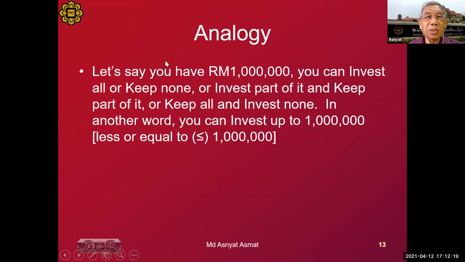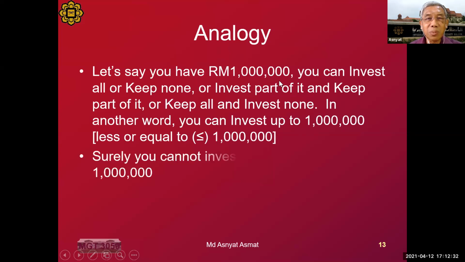So in this situation, you are given resources of 1 million. In other words, you can invest anything less than or equal to 1 million. Of course, you cannot invest more than 1 million.